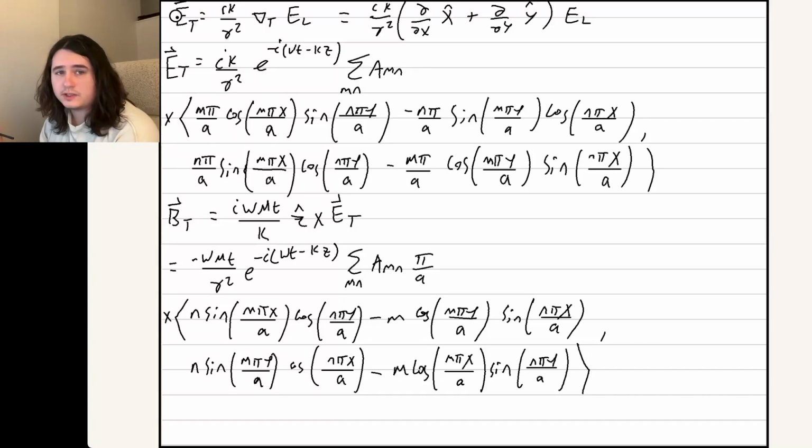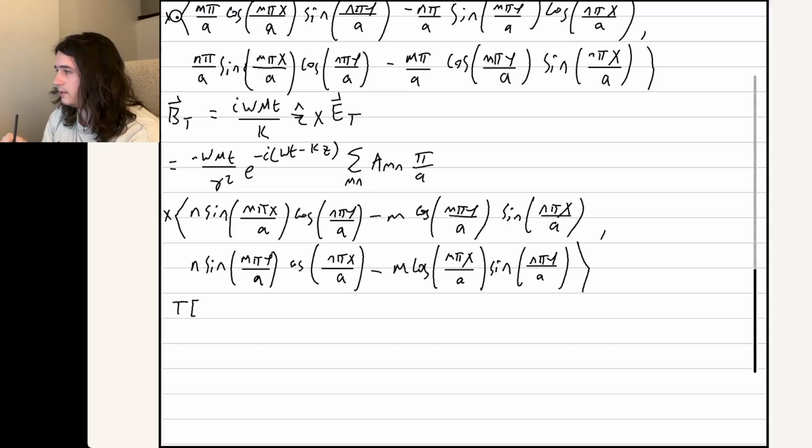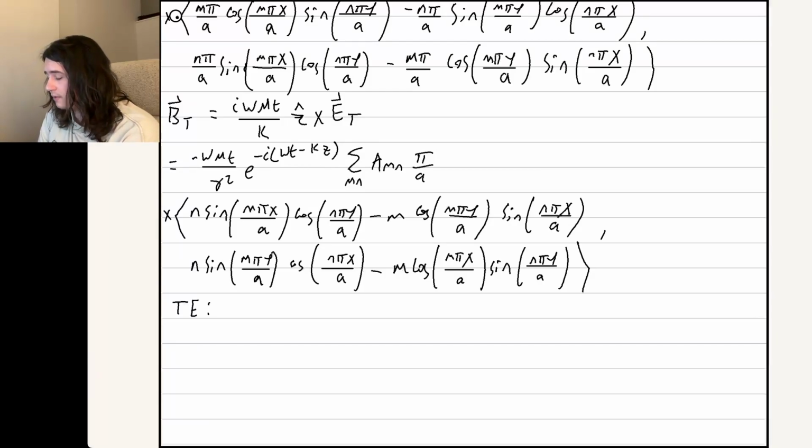And that does it for the TM modes. Now we need to do the TE modes. So for TE now, we have to start with the longitudinal magnetic field instead.